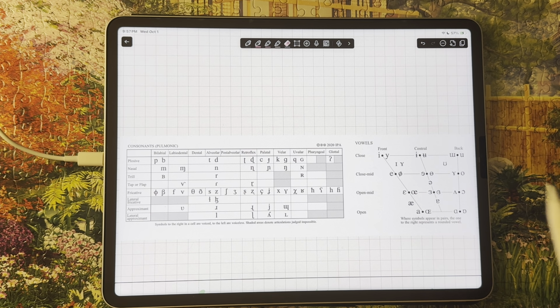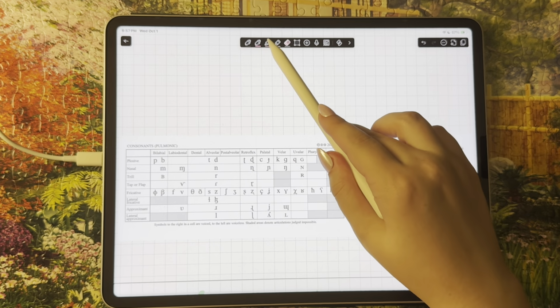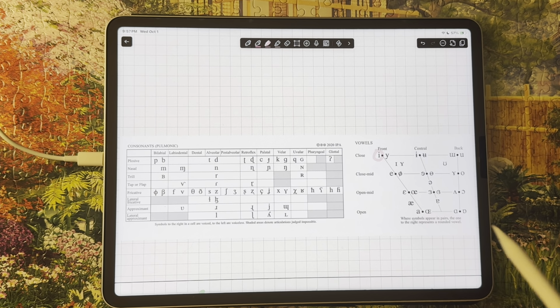So forgive me if I'm not too sure about what I'm saying. So I'll go with the ones that I am sure of, and this one right here is E, like the sound in we or three. It's that closed front vowel.